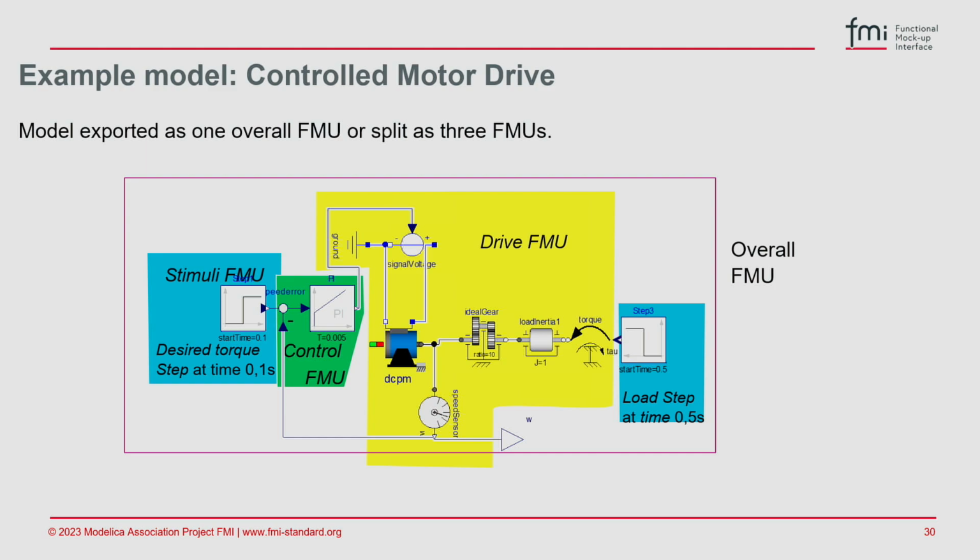Often, in reality, models are split according to the organizational structure of the companies that are involved, which is not the best idea. One should look at the physics, and for example, there is sometimes some natural decoupling of systems, which is a good point to cut. But reality often looks different, and then you can try to repair it with some advanced co-simulation schemes, but it's always better to do it meaningfully.